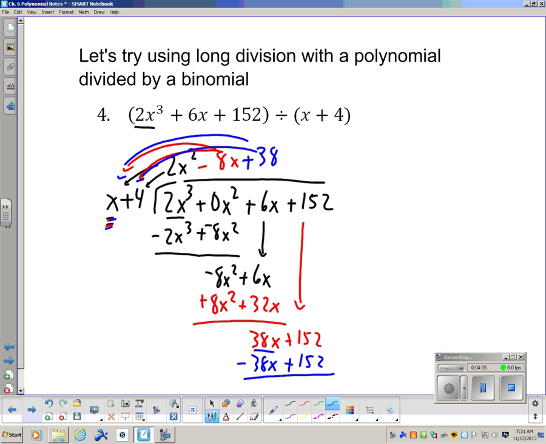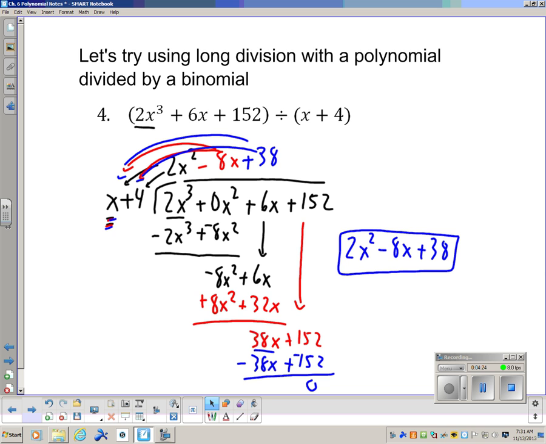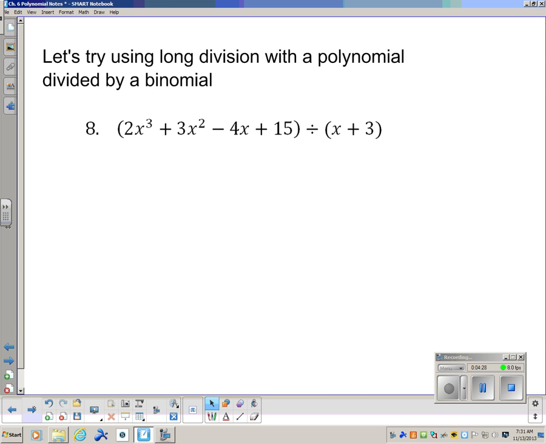Distribute a negative sign through, add them together, I get 0. So my answer there is 2x squared minus 8x plus 38 there. So that's what 2x to the third plus 6x plus 152 divided by x plus 4 is. That is long division. If you like long division, we're going to try another one of those together.